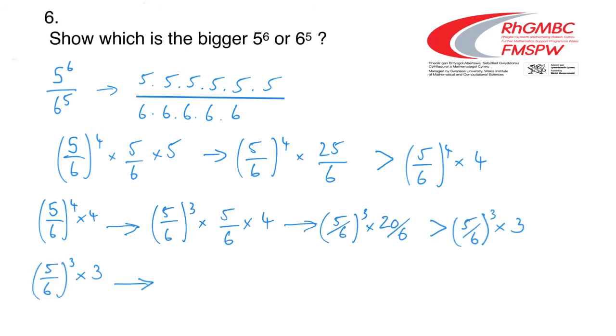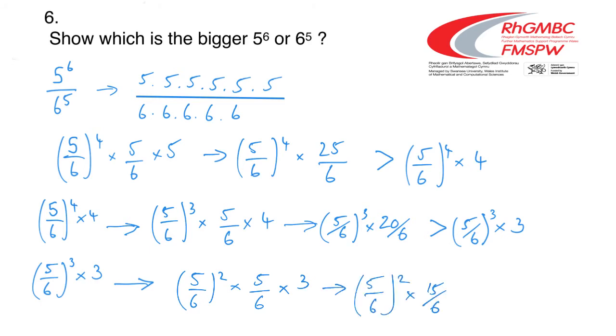We will next consider 5 over 6 cubed multiplied by 3, which we can consider as 5 over 6 squared multiplied by 5 over 6 multiplied by 3, which is the same as 5 over 6 squared multiplied by 15 over 6. And this is clearly more than 5 over 6 squared multiplied by 2.